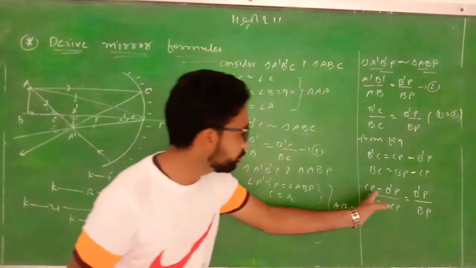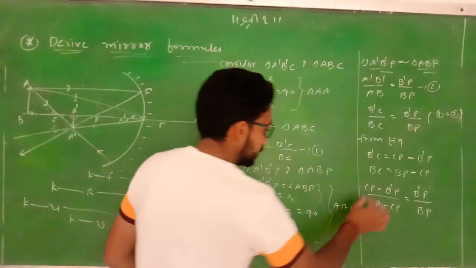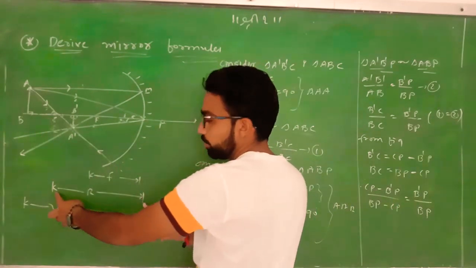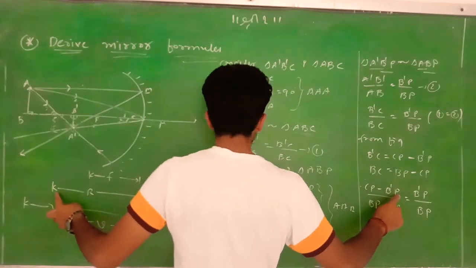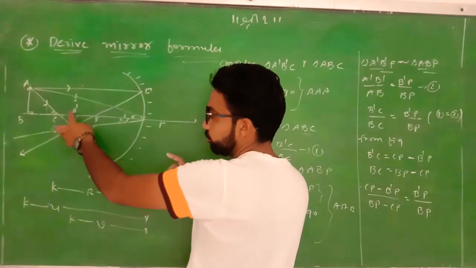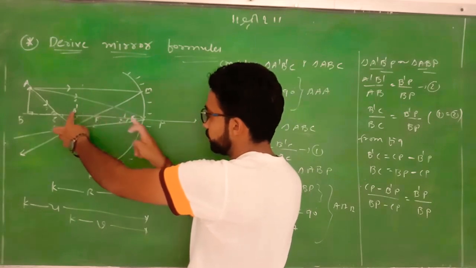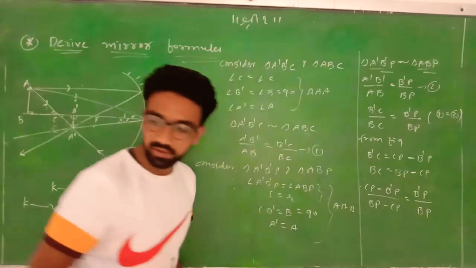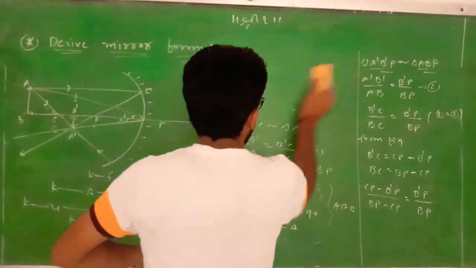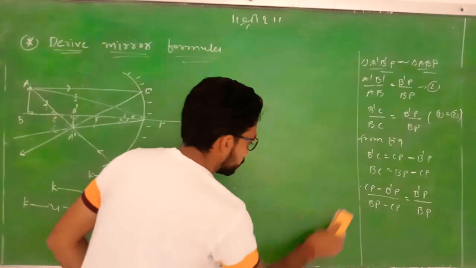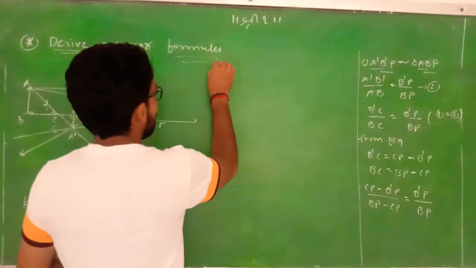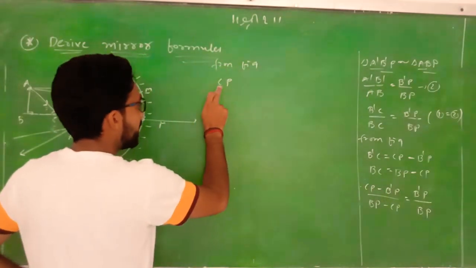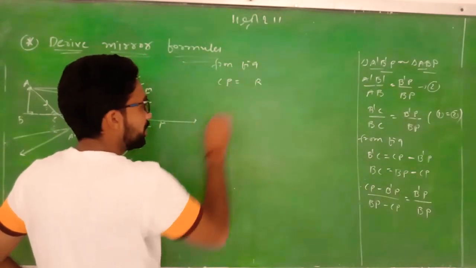But this distance you know from the figure. You can see CP, that means C to P, center of the curvature and pole distance, that is radius of the curvature. Then B dash P, so B dash is your image, so image distance or image position from the pole, that is image distance V. Okay, so from figure we have CP, that means distance of the center of the curvature from the pole, that is the radius of the curvature.